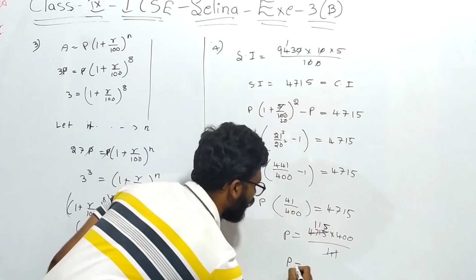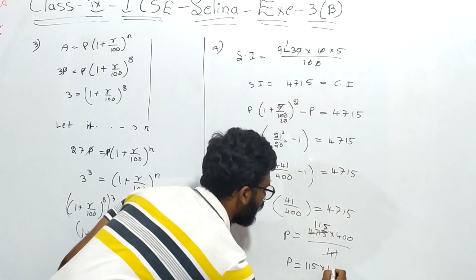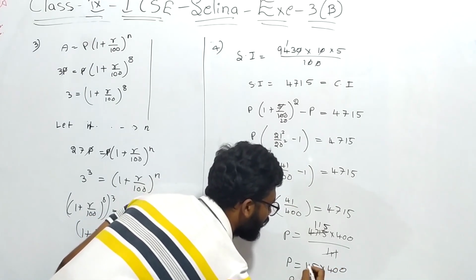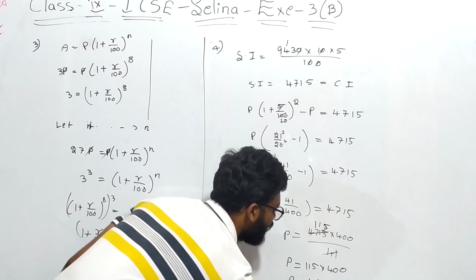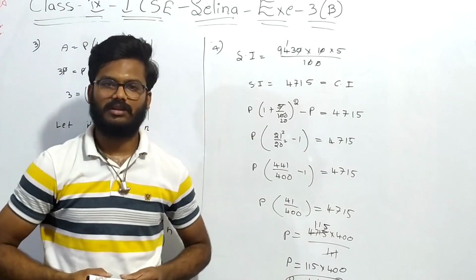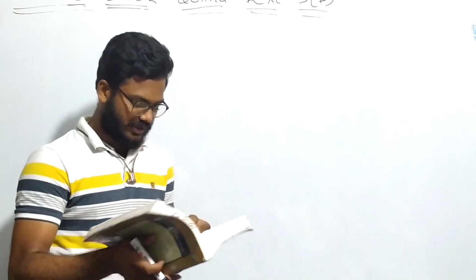So P is equal to 115 into 400. So 115 into 4 is 460, so P is 46,000. Next, fifth question.